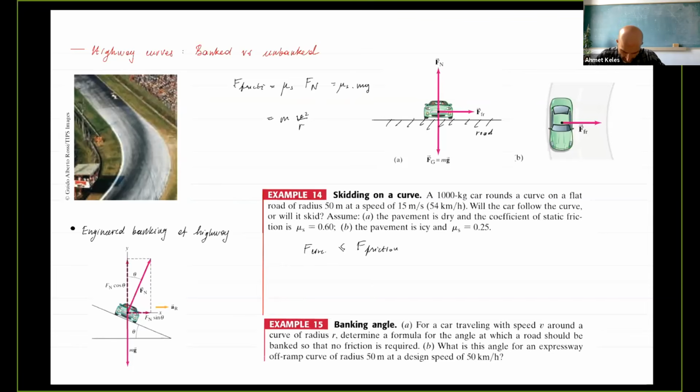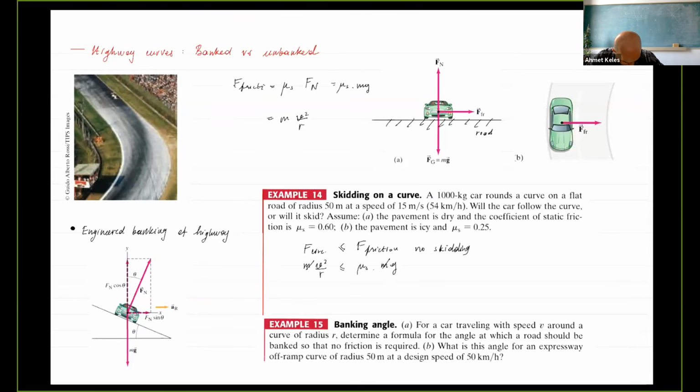If this happens, there is no skidding. This force of circular motion, m v squared over r, should be less than or equal to the friction force, which is exactly what we wrote, mu s times mg. The m's cancel.